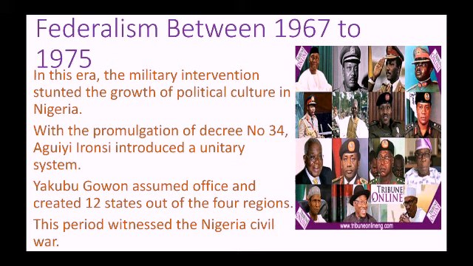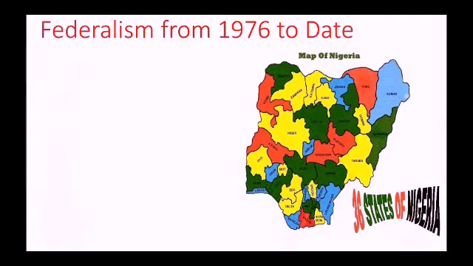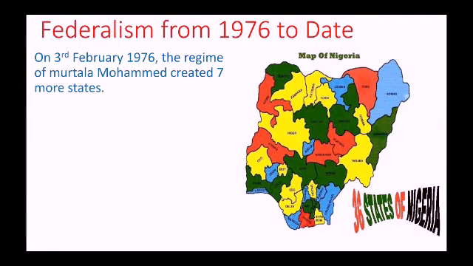So let's look at federalism in Nigeria between 1976 till date. Again, on the 3rd February 1976, the regime of Murtala Mohammed created 7 more states.